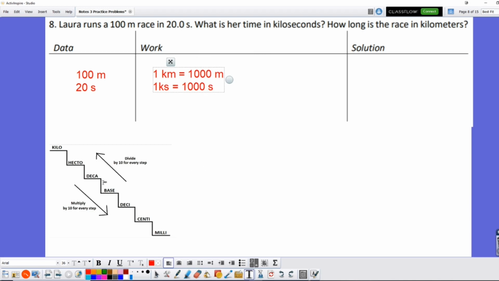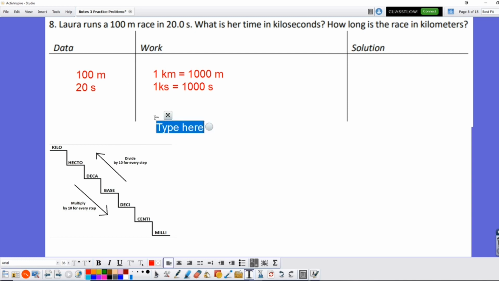It could be applied to grams, liters, or sometimes even money. Like 1K, some people say, let's say kilo dollars, for instance, is equal to $1,000, right? So this is something that people say. And it still applies. It's the same conversion factor.